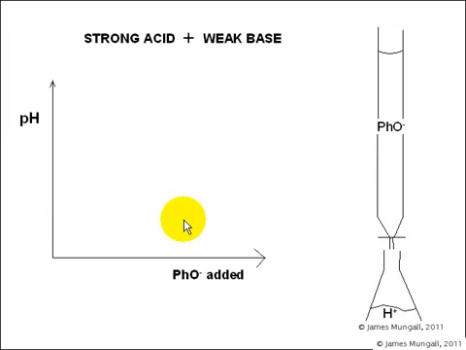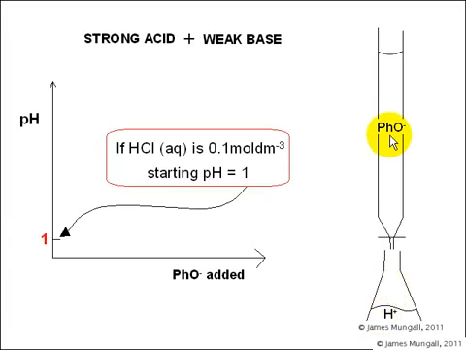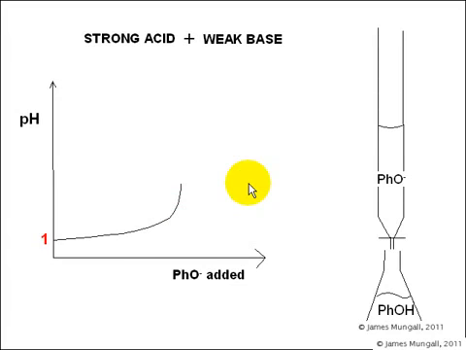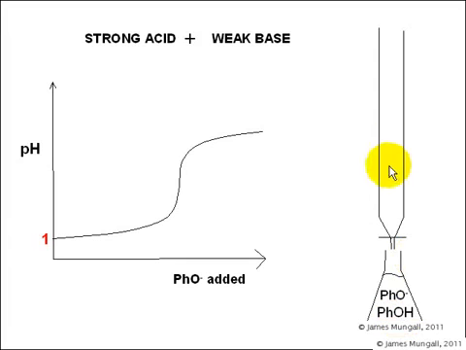So to start with, we have the H+ ions in the conical flask and the phenoxide ions in the burette. Once again, if the HCl concentration is 0.1 moles per decimeter cubed, then the starting pH is 1. At some point, all of the H+ has been neutralized by the PhO- to form PhOH. And then as we continue to add the PhO-, the solution will become increasingly basic.